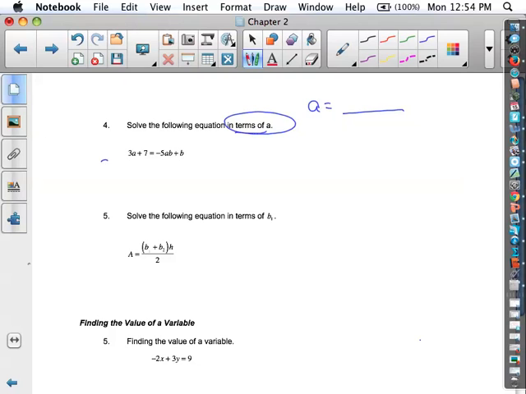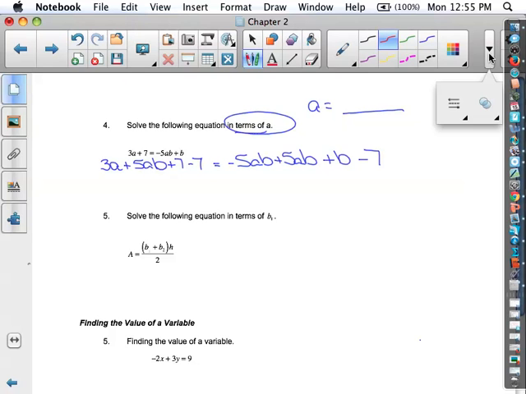So I have 3A. This is a minus, so I'm going to add 5AB to both sides. And this is the horizontal method versus the vertical method that you have seen often. To me, this one makes just a little more sense. Then I have plus 7, and I'm going to subtract 7 from both sides.